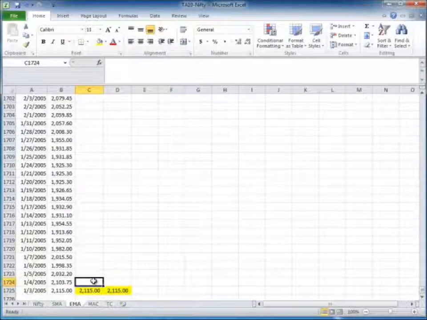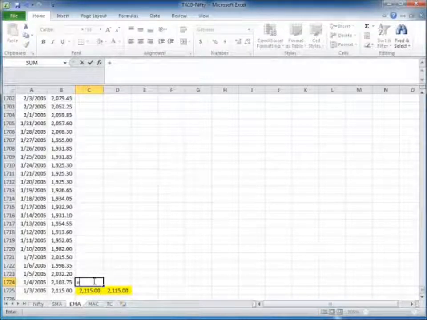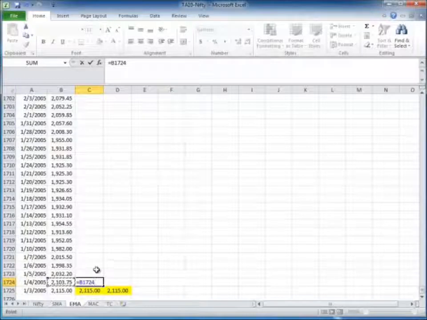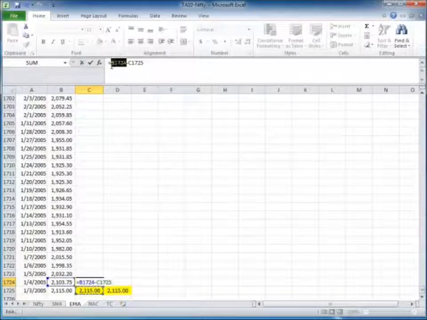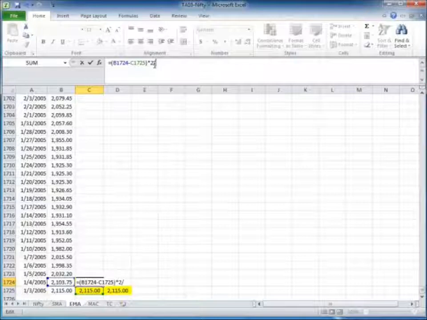So the way the formula works is that the exponential moving average for that day is equal to the current price minus the exponential moving average of the previous day. In this case, we'll do that. So like I said, for this case, as we go up the chart, this will correct itself. It's just because it's a 10-day average, so we need to have about 10 days for it to be correct. We do this. We then multiply it by 2 divided by n plus 1.